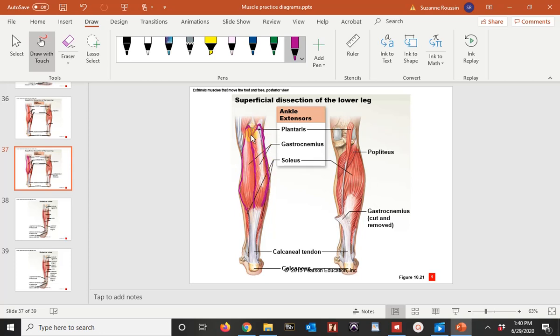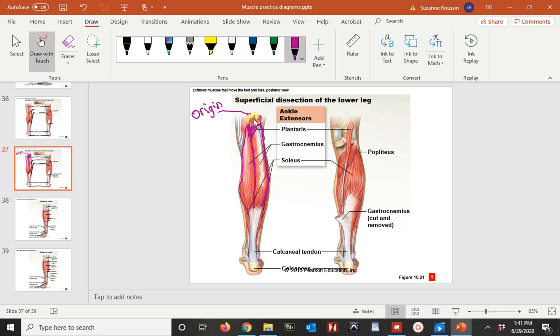This is all one muscle, but it splits off into two sections. So it has two heads to it, because the heads split off and they attach in two different places up here. And that would be the origin point where they attach.